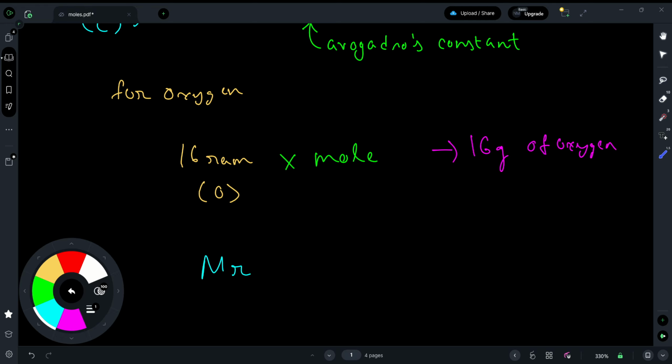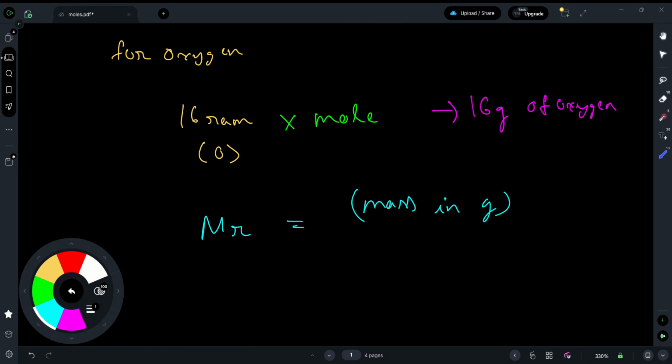So Mr equals, we wrote equals here, right? We take this times mole over here, and we put a division. So Mr equals the mass in grams, because by mass they mean the mass number of the element, divided by mole.